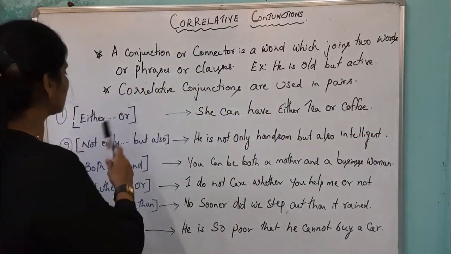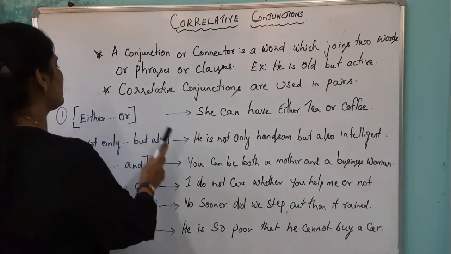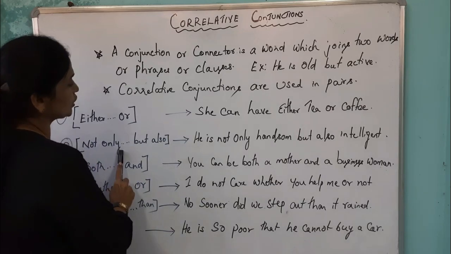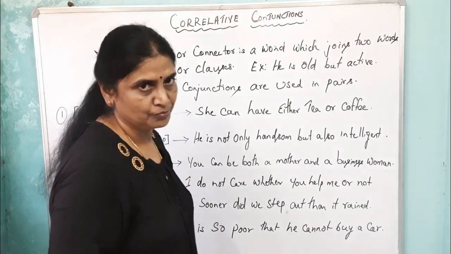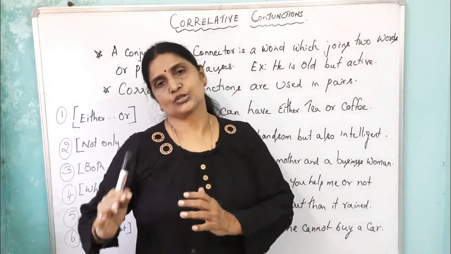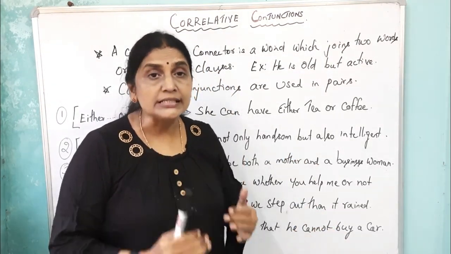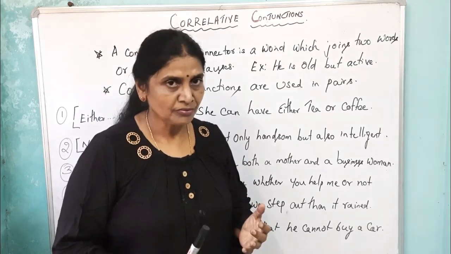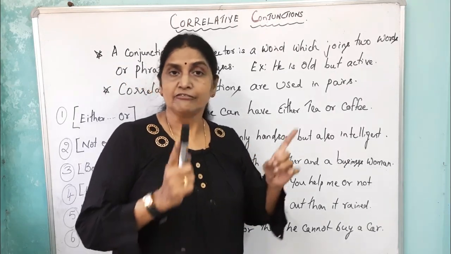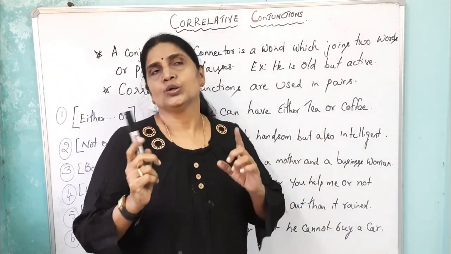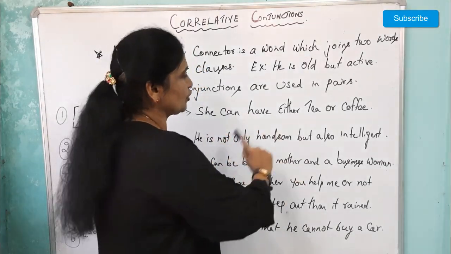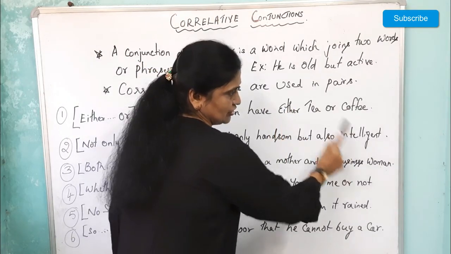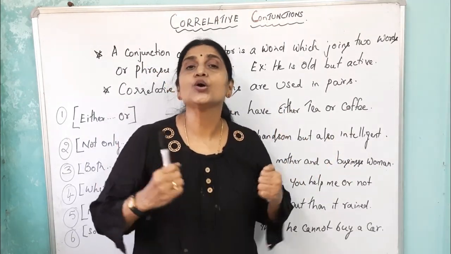What is the next conjunction we are going to learn about? Not only but also. Not only this but also that. When you use this particular conjunction, you have to check whether your two words or two subjects are correlated.